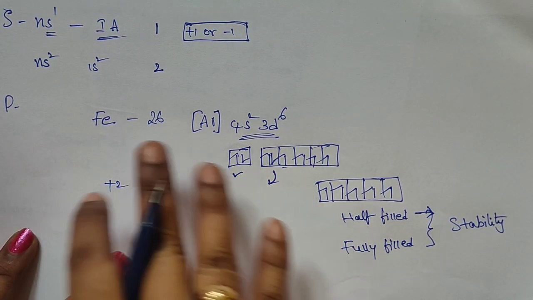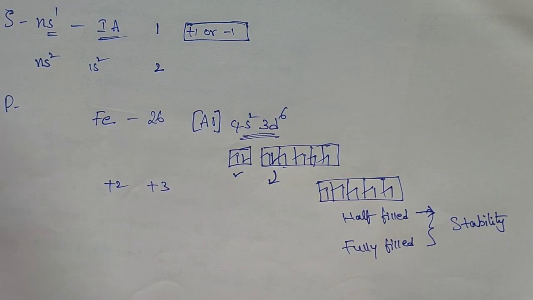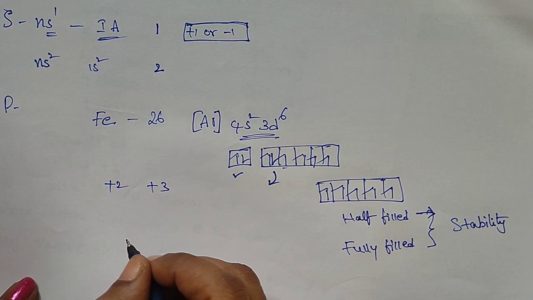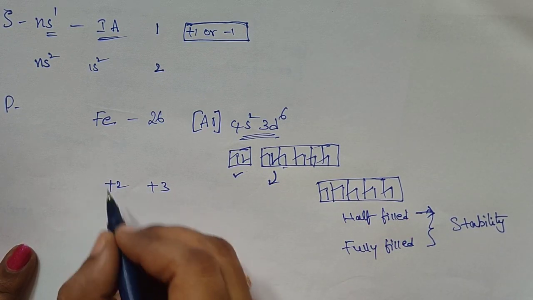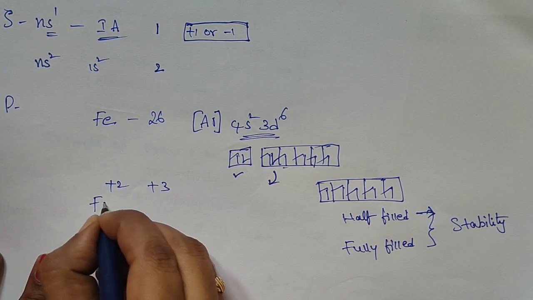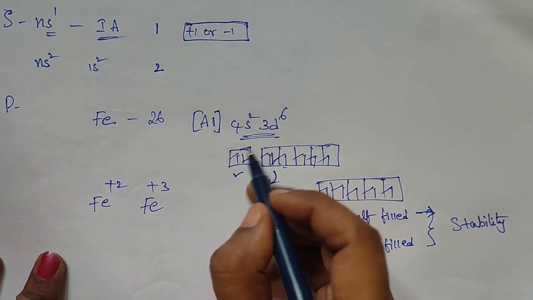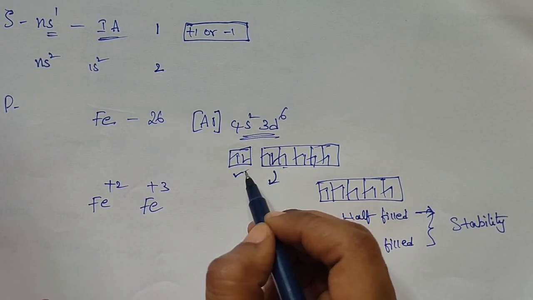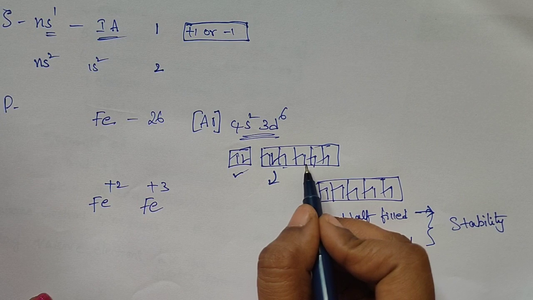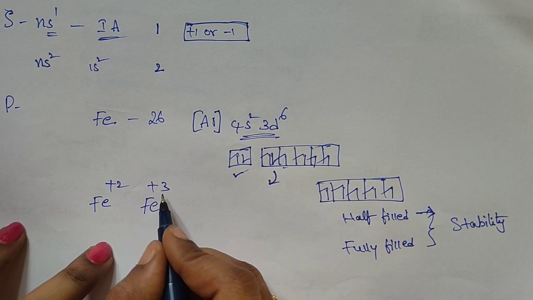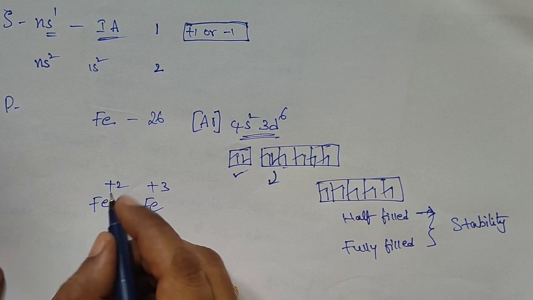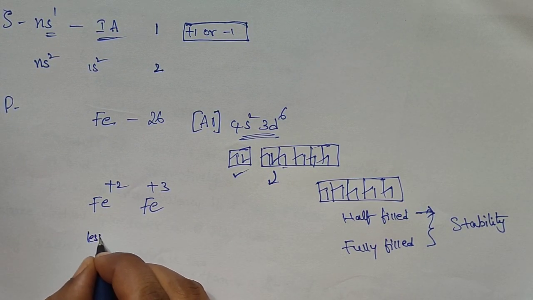See here, in the case of iron, +2 and +3 is found. Which one is more stable? In the case of Fe2+, only 2 electrons are removed from the 4s2. So there is no half filled and no fully filled orbital. So compared with Fe3+, Fe2+ is less stable.